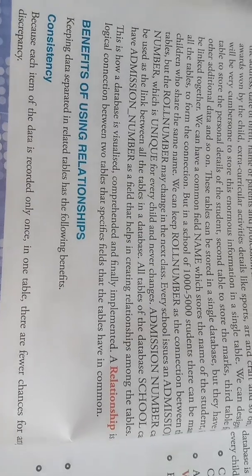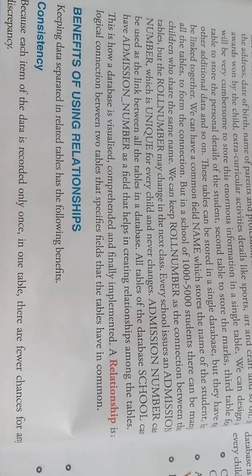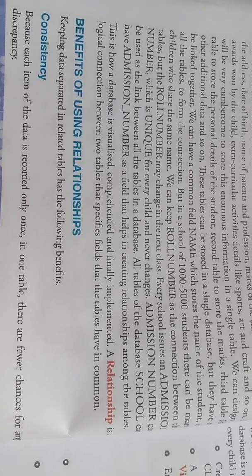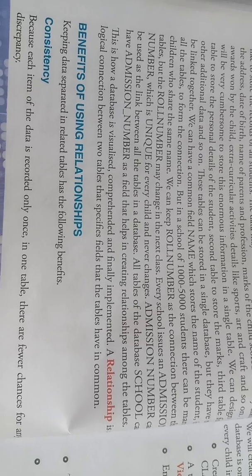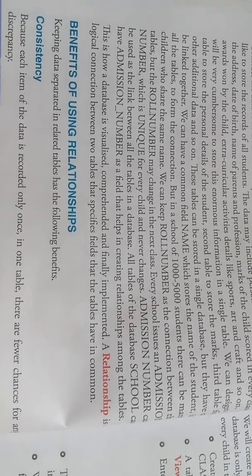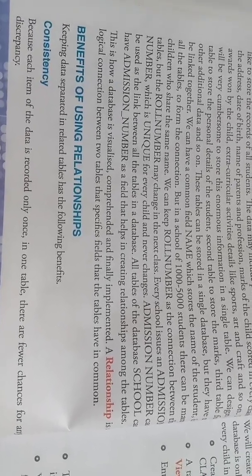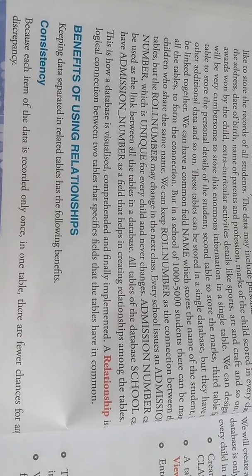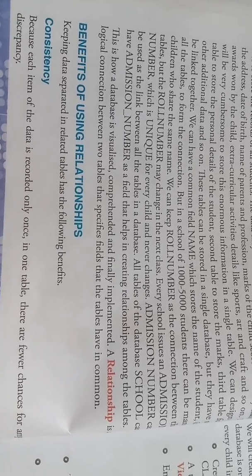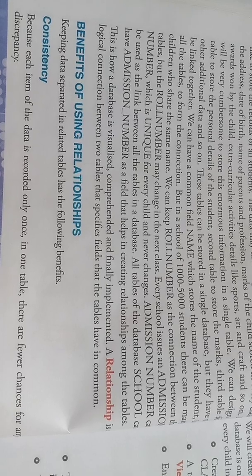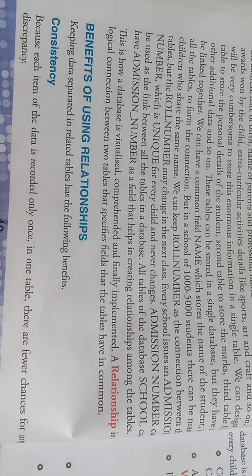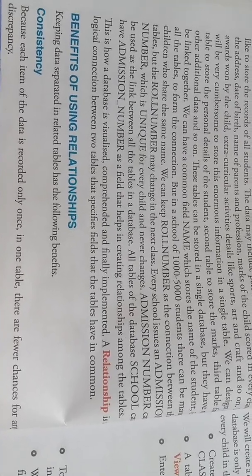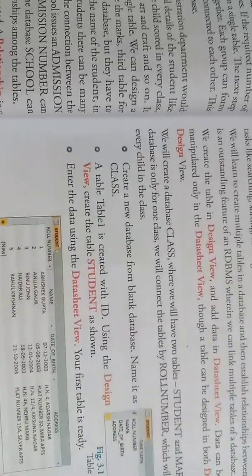Each group can form an individual table, but at the same time it is necessary that the tables are connected to each other. The connection has to be maintained, and this will link all the tables in a database. So this is the relationship among the multiple tables.